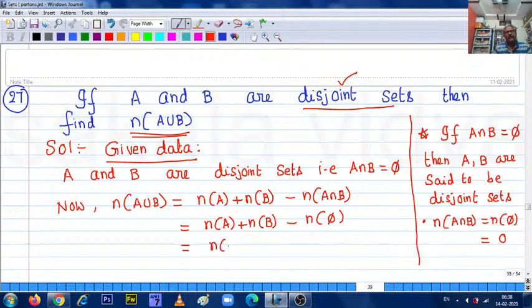So what do we write? n of A plus n of B minus 0. So n of A plus n of B minus 0 means we get n of A plus n of B. Very simple. If A, B are disjoint, n of A union B is equal to n of A plus n of B. So it has been formulated in such a manner.